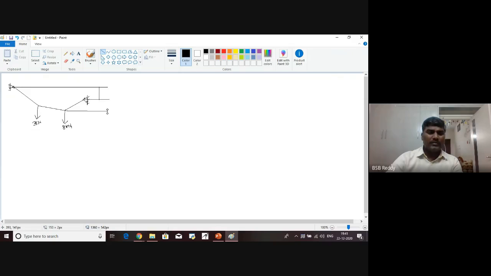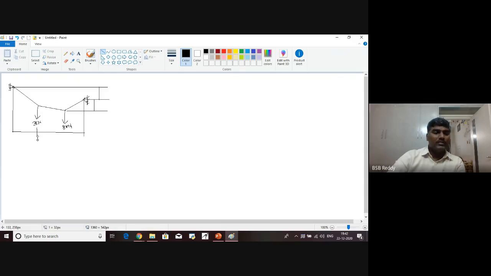This is also 2 meters. Then for the horizontal line, I shall draw this vertical line, and to that some horizontal lines. Then this one has to be closed.